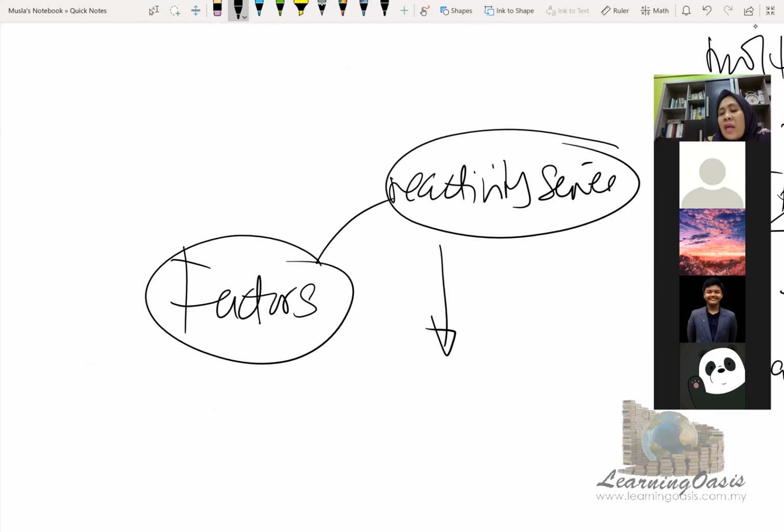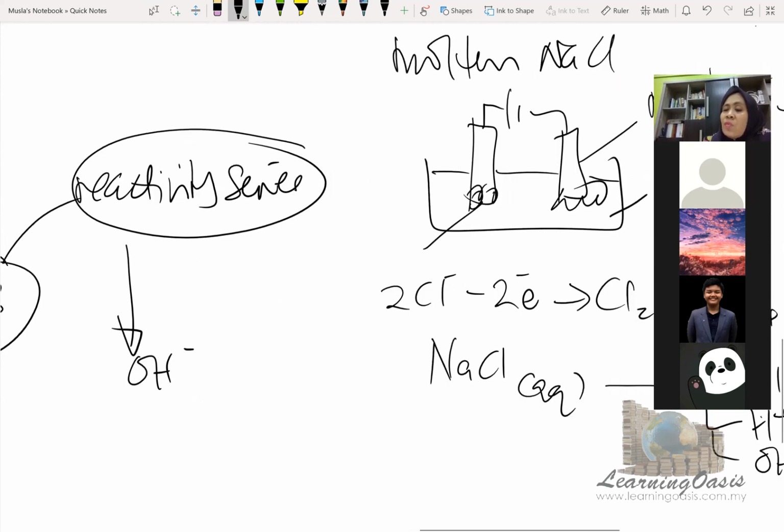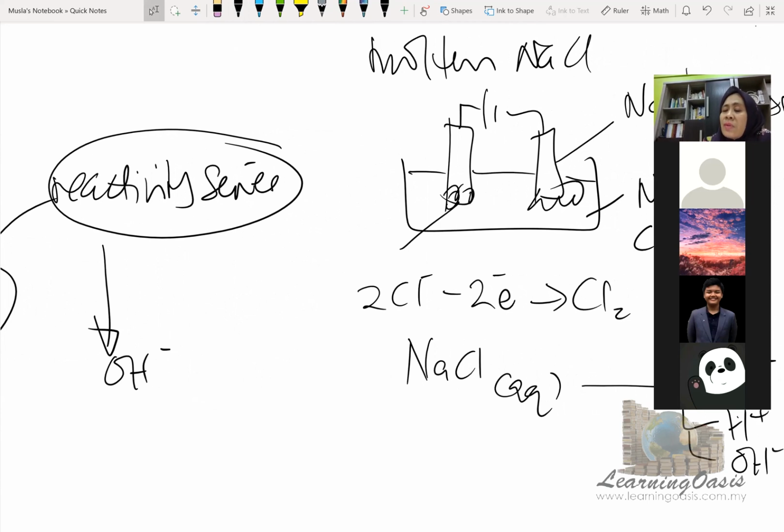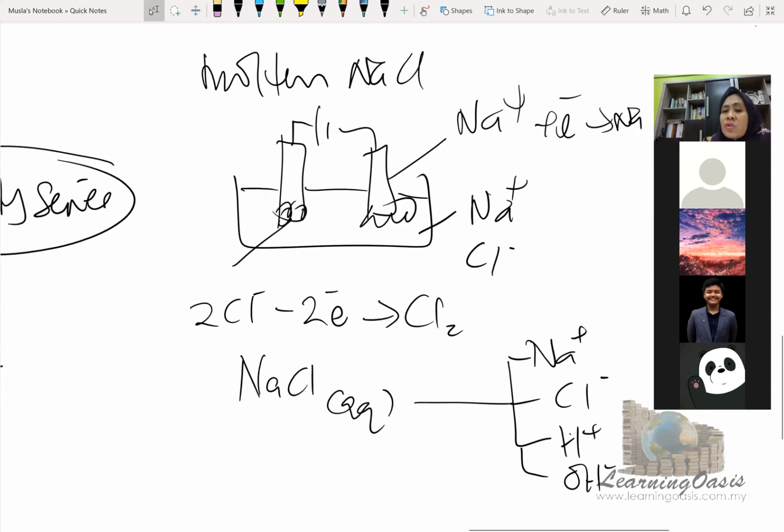Like the metal reactivity we did last week, potassium, sodium, calcium. If you have molten sodium chloride, you only have sodium and chloride ions, so there is no choice.